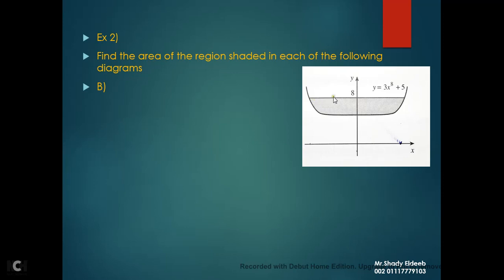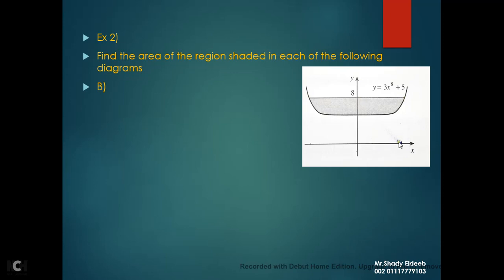Area 1 is the rectangle with height 8. How do I know? Look at this rectangle by my mouse. This rectangle has height 8.